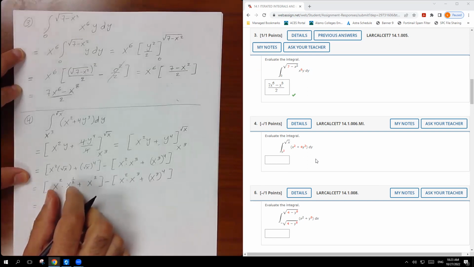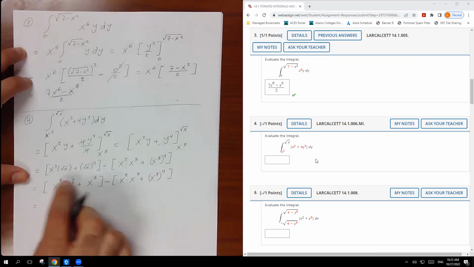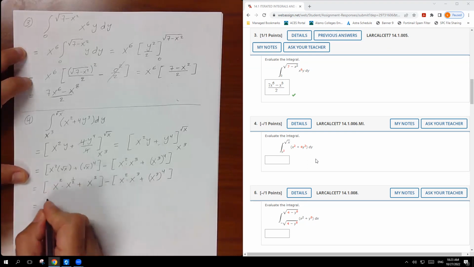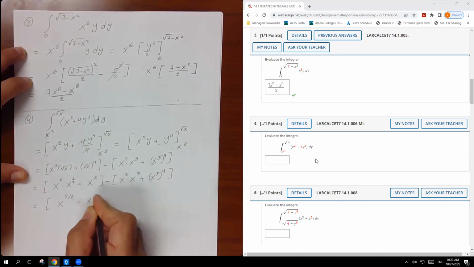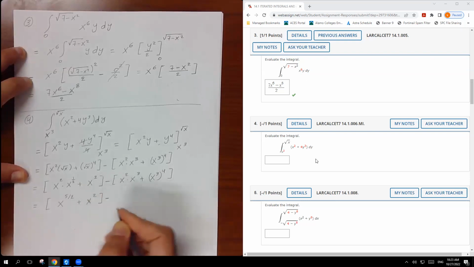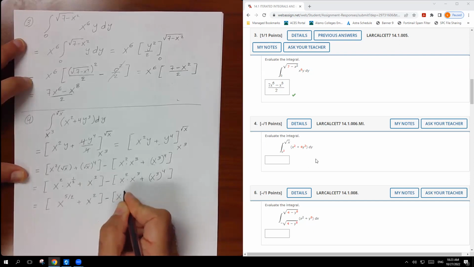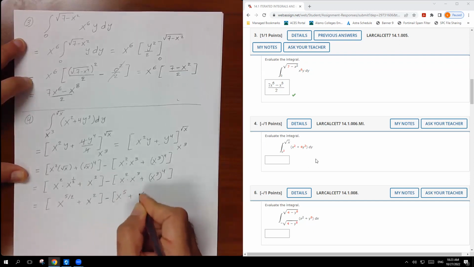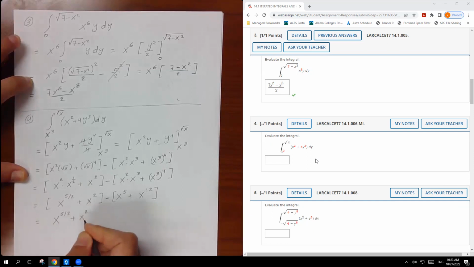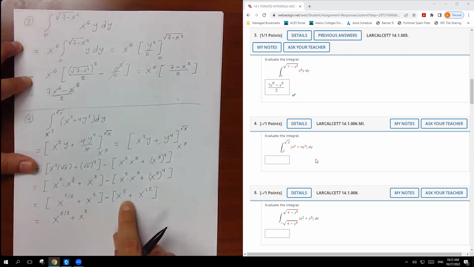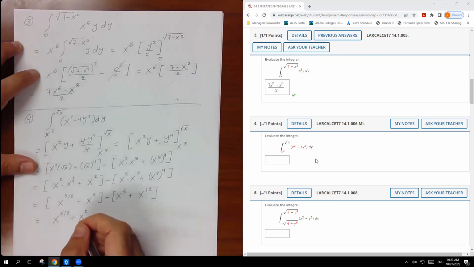When you multiply two bases with different exponents, you add the exponents. So it's going to be x to the power 5 over 2 plus x squared minus x to the power 5 plus x to the 12. Then the last step: x to the 5 over 2 plus x squared. Let's see here. Yeah, it's supposed to be minus here.